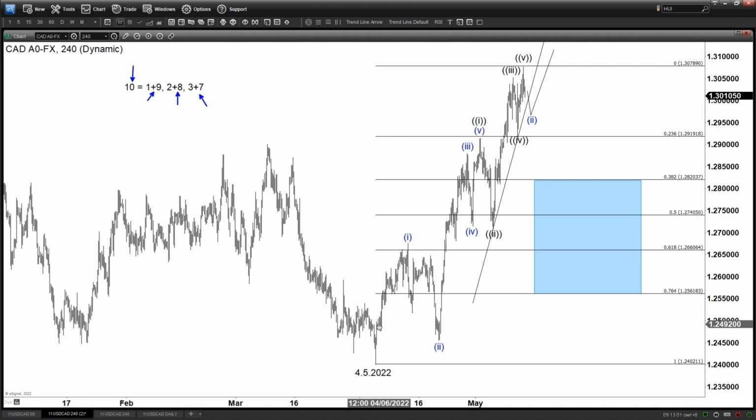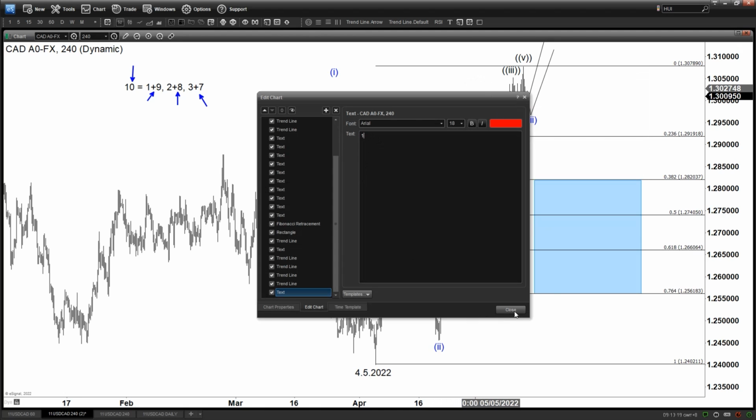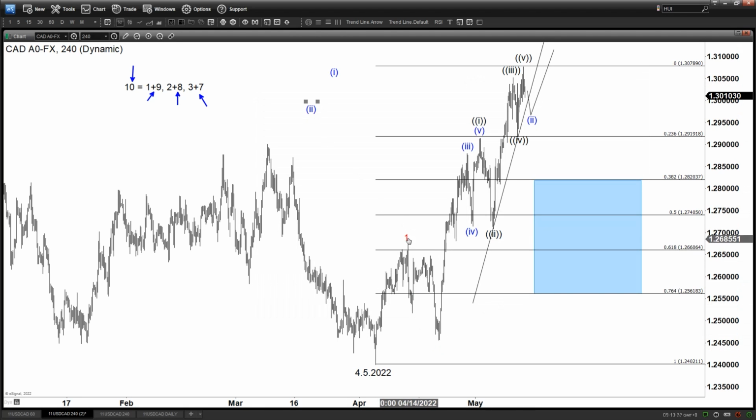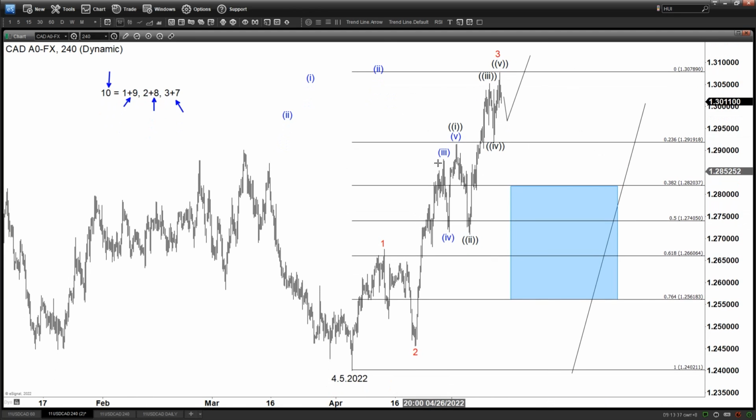All right. So for now, there's also another possibility. We're probably also going to be doing something like a nest here, but this doesn't really change the whole idea. It could be a nest 1-2-1-2, which is a more bullish take of it, within wave 3.